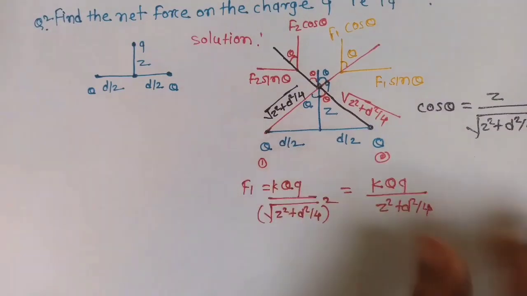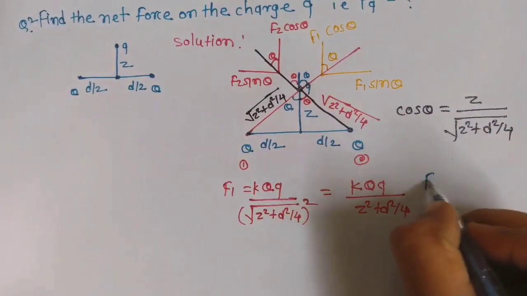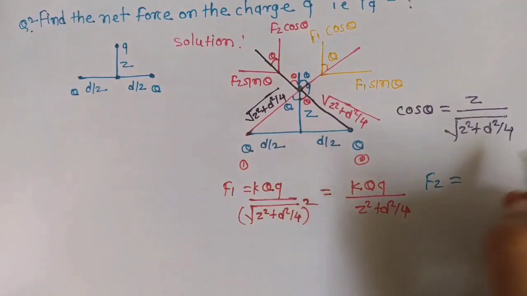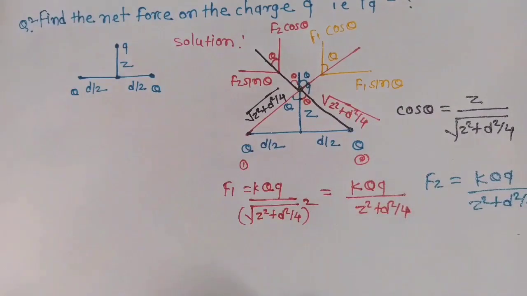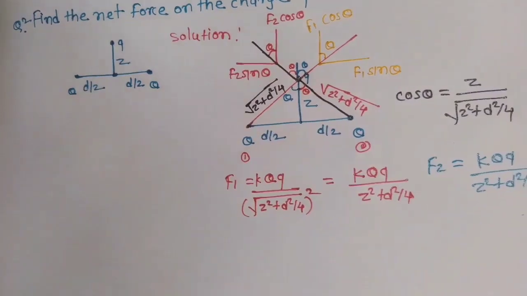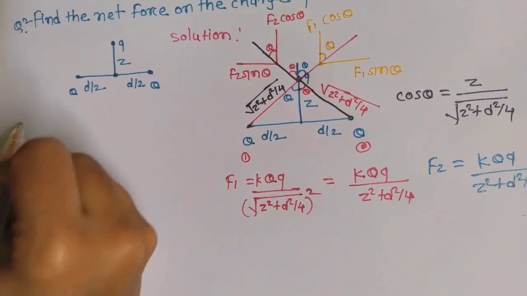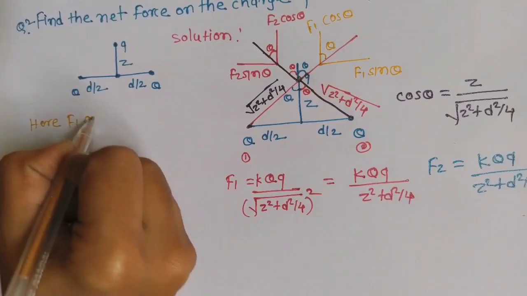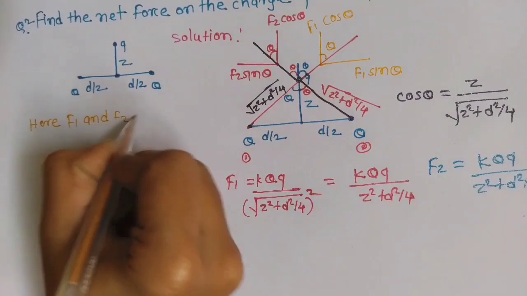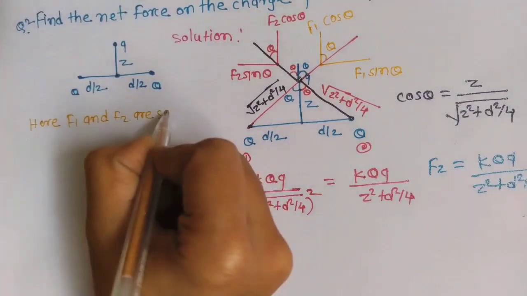Similarly, F2 is equal to K Q Q upon z square plus d square by 4. Here F1 and F2 are the same.